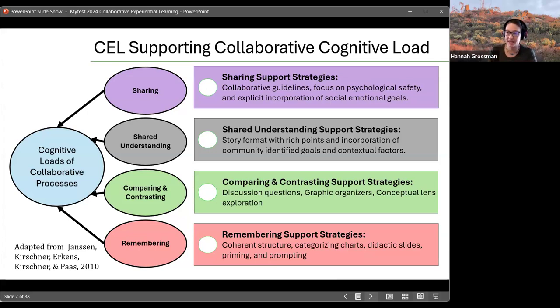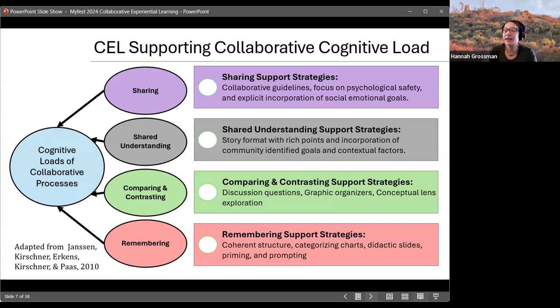If they are not managed well, the collaboration will not be as successful. This is based on a model by Jansen, Kirshner, Erickson, Kirshner, and Pass from 2010. I did add a category to it that I will explain as I go.